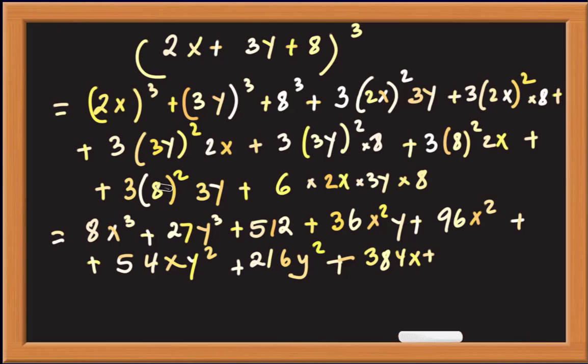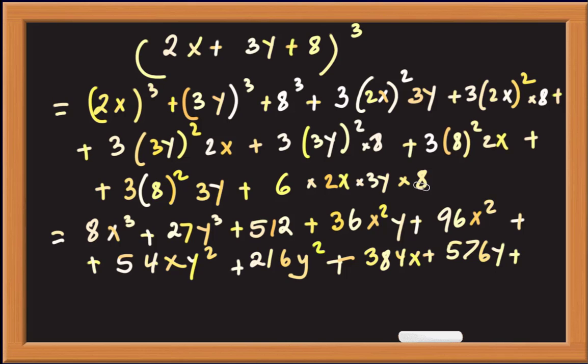So 64 times 10 is 640 minus 64, 576 y. Plus 6 times 6, 36 times 8.